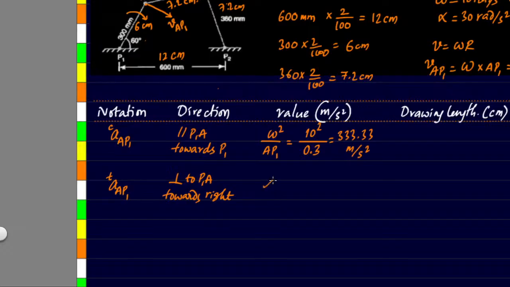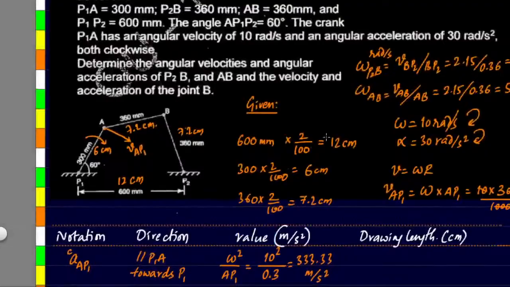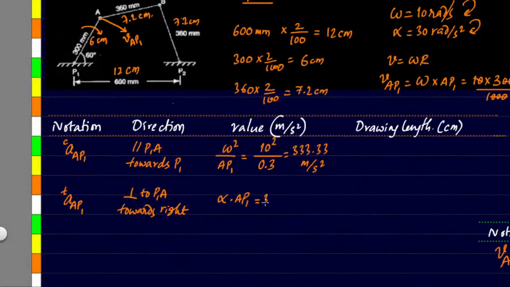Tangential acceleration is alpha into r. In this case, r is nothing but AP1. Alpha is given to us as 30 radians per second square. So 30 radians per second square into 0.3. What do we get? 9 meters per second square.